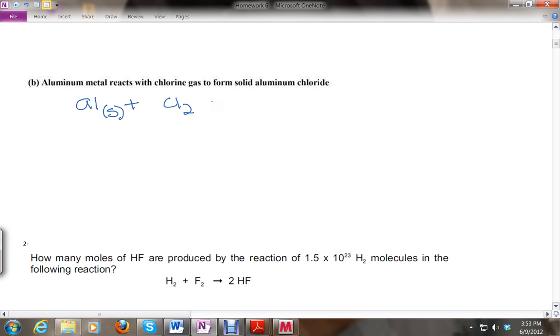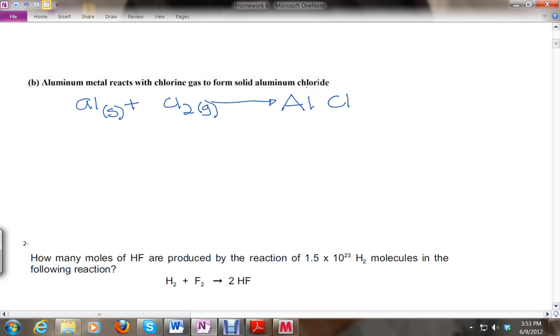We need to know that chlorine is one of the elements that exist as a diatomic molecule, and it's a gas, like hydrogen gas, nitrogen gas, oxygen gas, to form solid aluminum chloride.